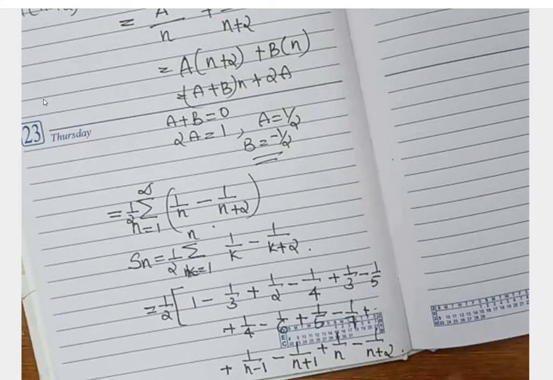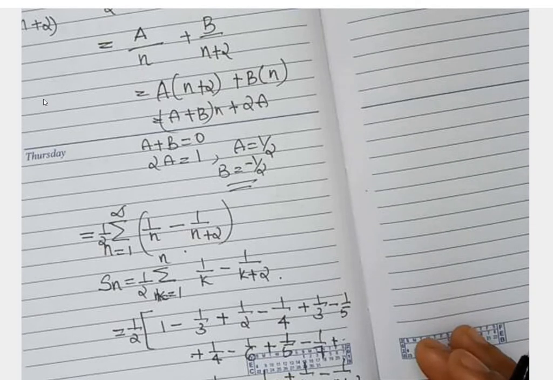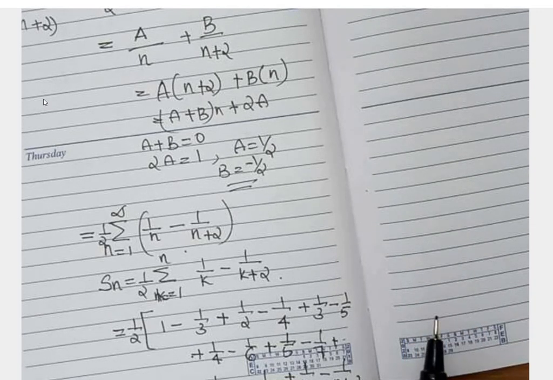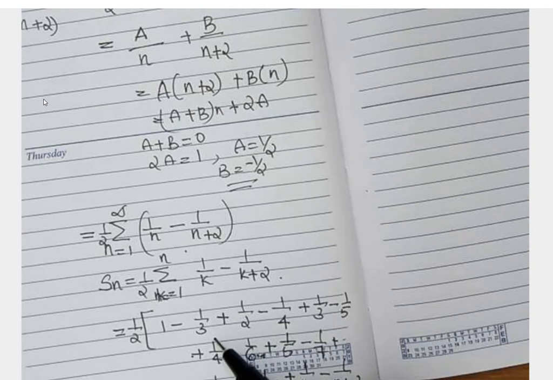What happened to this one? Up to n equal to 4, these get cancelled. This 1 by 4 gets cancelled, 1 by 3 gets cancelled. 1 by 2 is there, 1 is there.